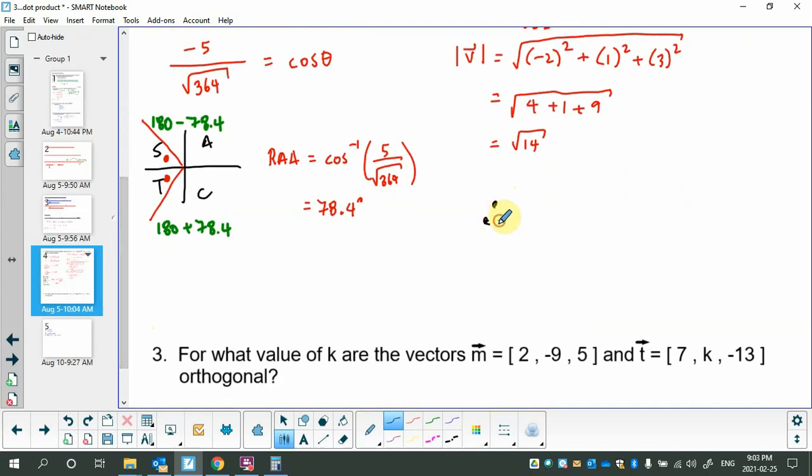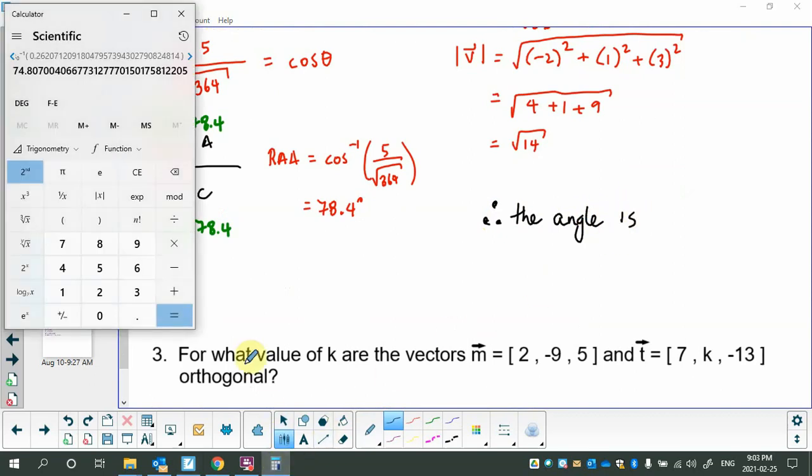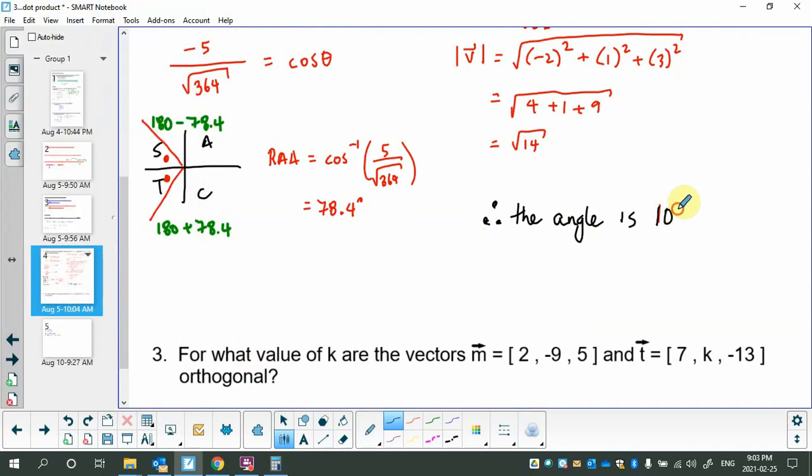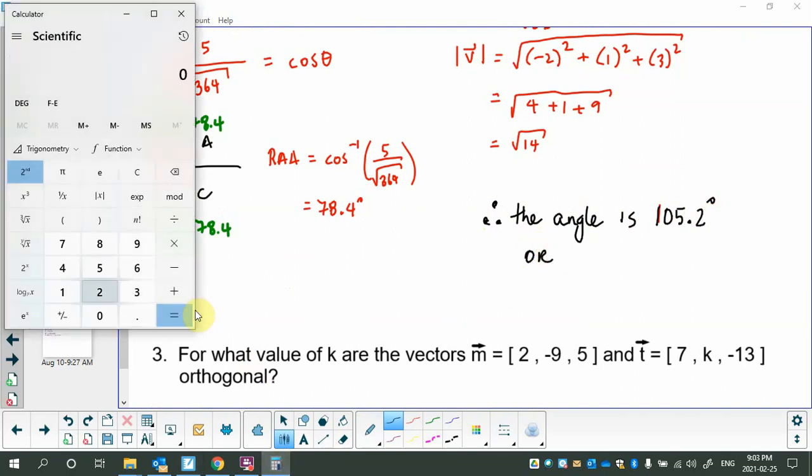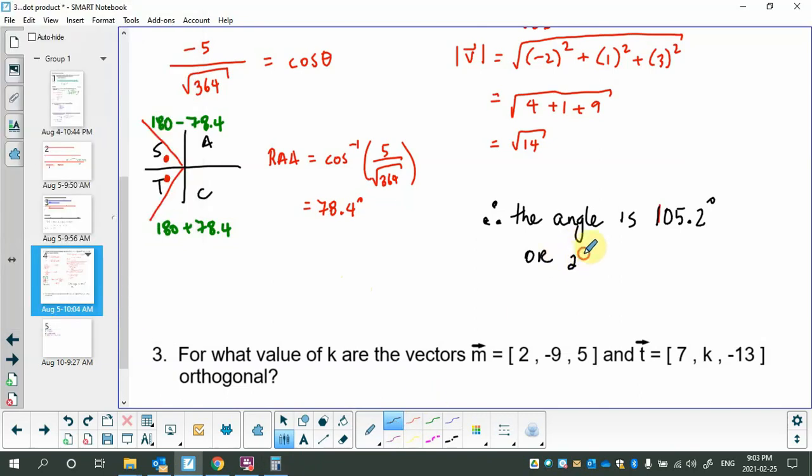So therefore, the angle is 105.2 degrees, or 258.4 degrees.